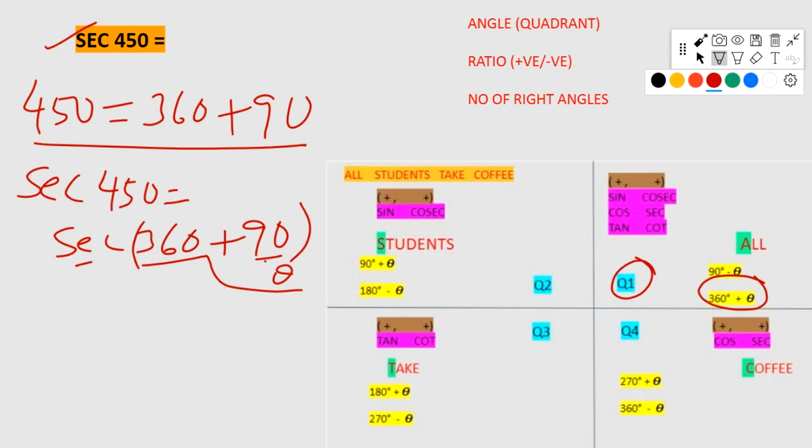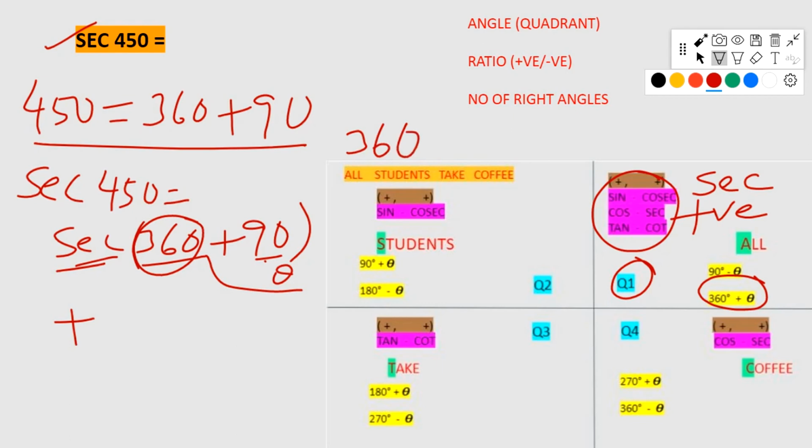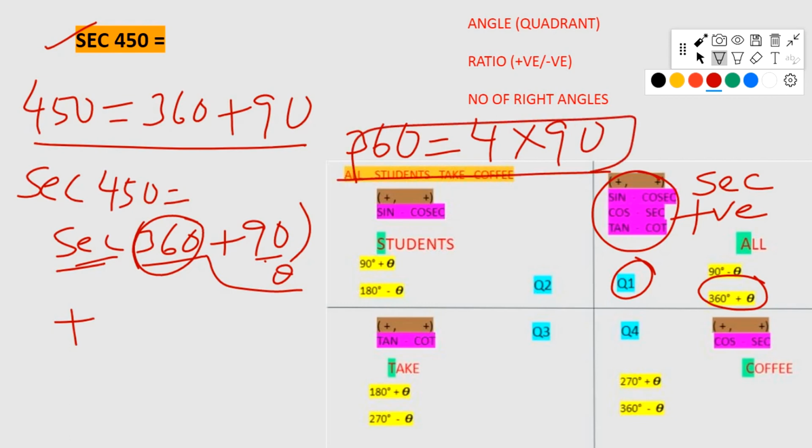Here what is the ratio? Secant. In the first quadrant, the ratio secant has a positive value. Okay. Plus. Here 360 degrees. The angle 360 degrees can be written as 4 90s. That means the angle 360 has 4 right angles. That means an even number of right angles.